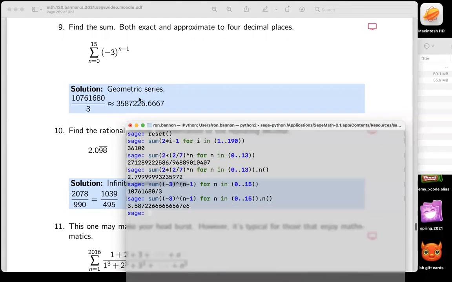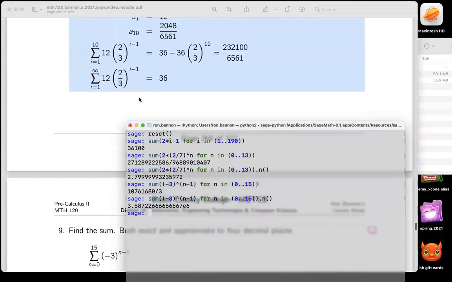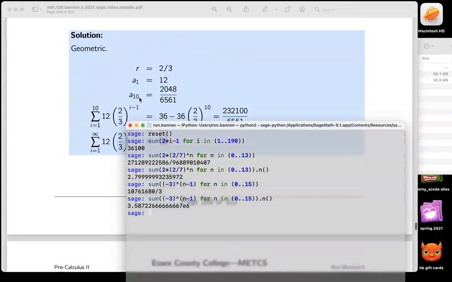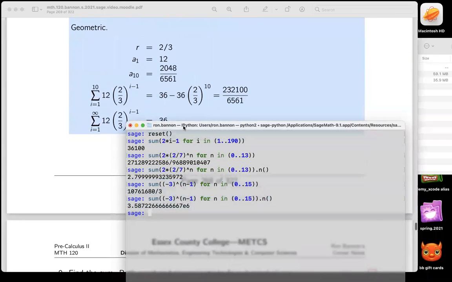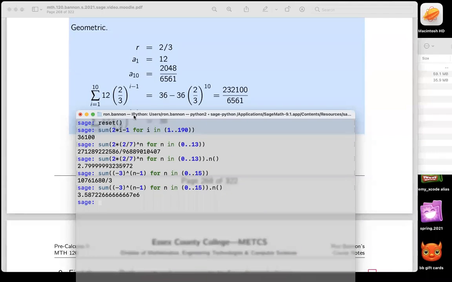All right, let's keep going backwards. And I don't know, maybe I'll do this one over here. Sum, that's 12 star 2 divided by 3 raised to a power i minus 1.